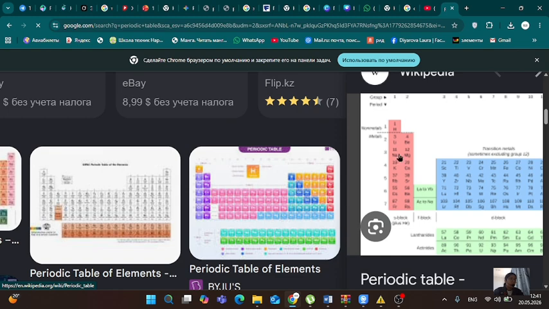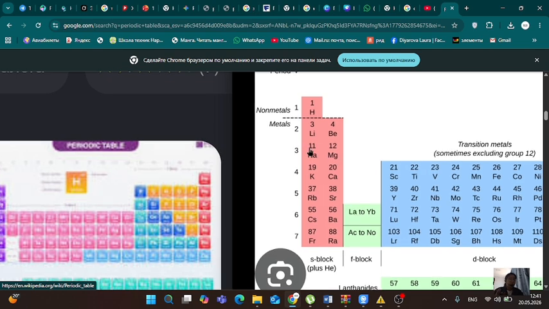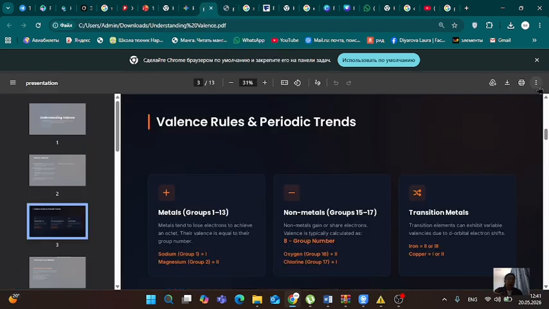Here we see sodium in the first group and magnesium in the second group. Their valence is the same as their group number.